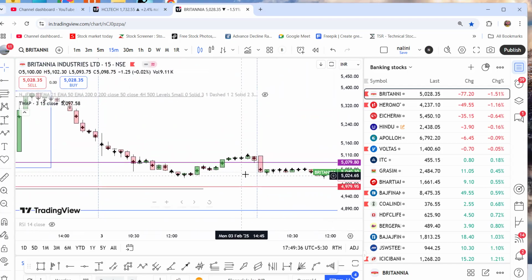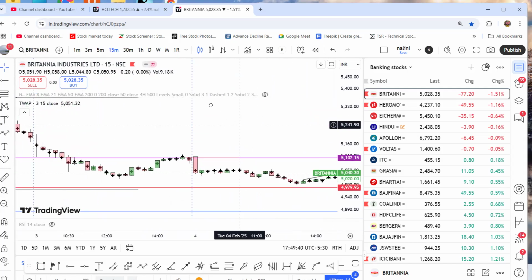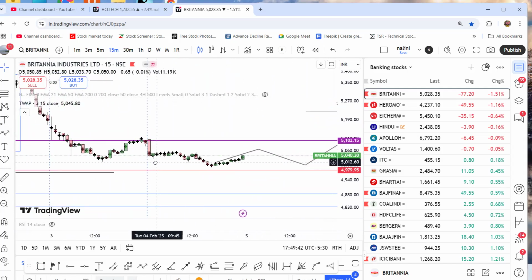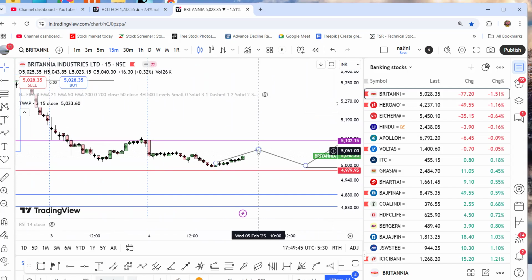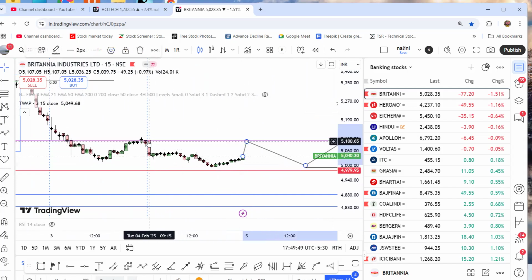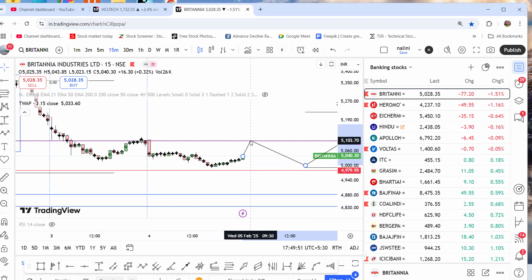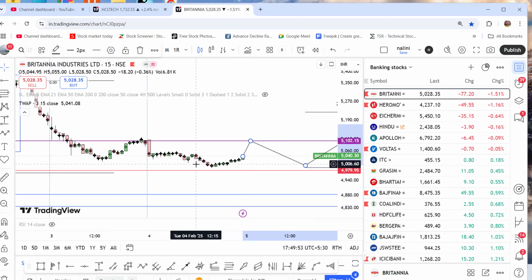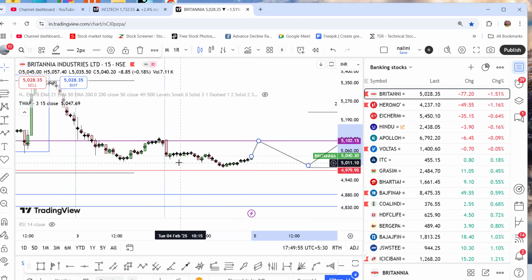Now, there is a bear gap over here. Market may try to fill the gap tomorrow around this area. This is a bear gap. So you have not got a bull gap now, TWAP gap.